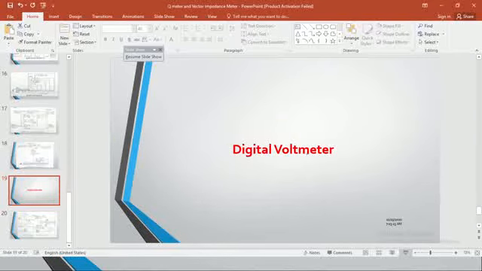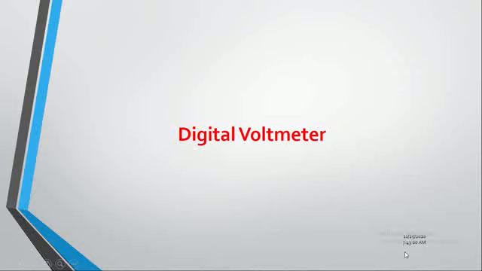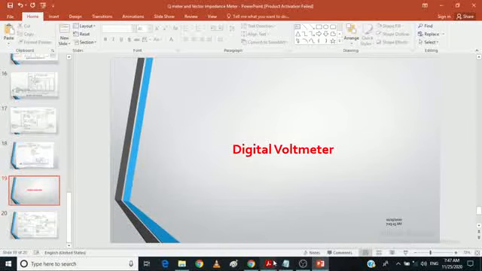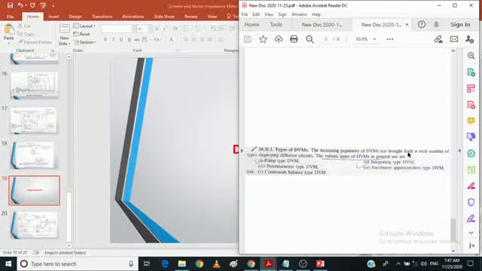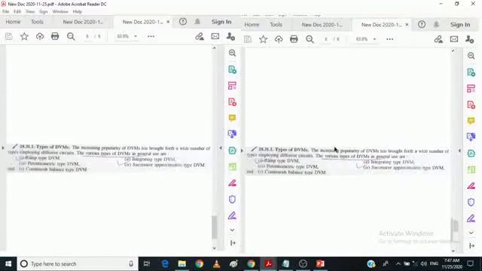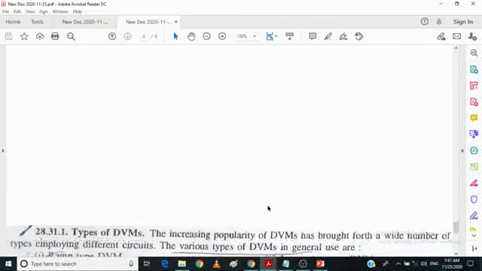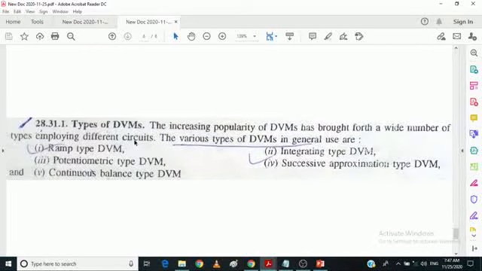I know the list, but let me show this. We have the ramp type digital voltmeter, integrating type digital voltmeter, potentiometric digital voltmeter, successive approximation type digital voltmeter, and continuous balance type digital voltmeter.